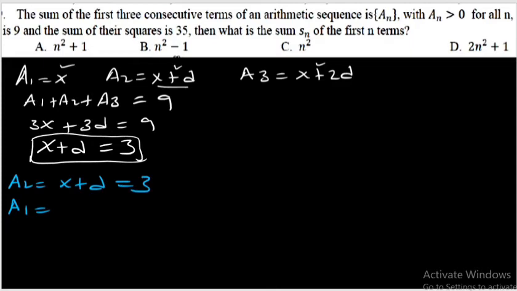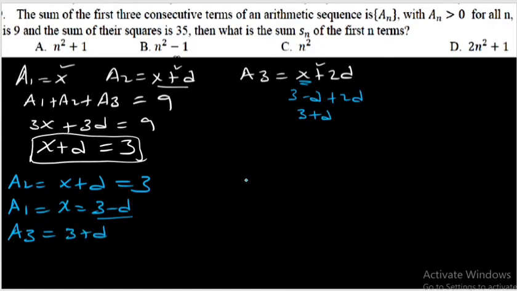What about x? x means a1, so if you shift the d to the other side, x is equal to 3 minus d. This is a1, this is a2. What about a3? a3 means we can insert this 3 minus d in place of x. 3 minus d plus 2d, if you do it, 3 plus d will be a3.